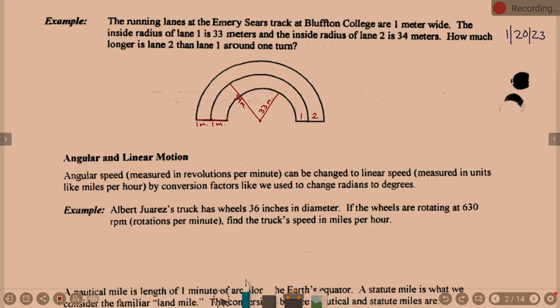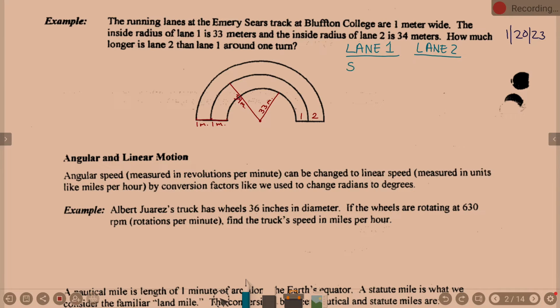Do you remember learning arc length yesterday? Yes. That's the formula right above. So we're going to find arc length of lane 1, and we're going to have to find arc length of lane 2.